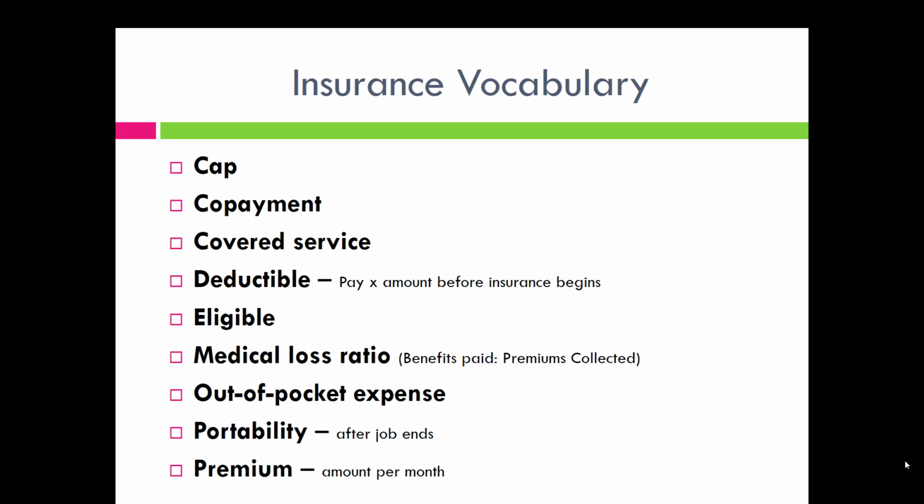Okay, last but not least is the medical loss ratio. So again, as I briefly mentioned when we were doing the debrief on the film Sick Around America, I briefly described how health insurance companies are businesses, in fact.